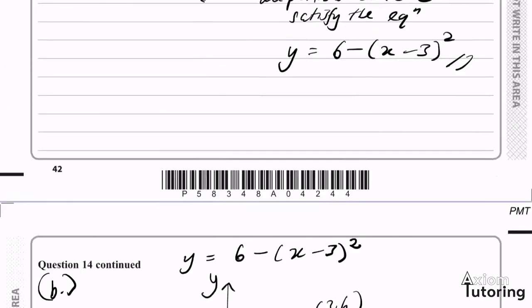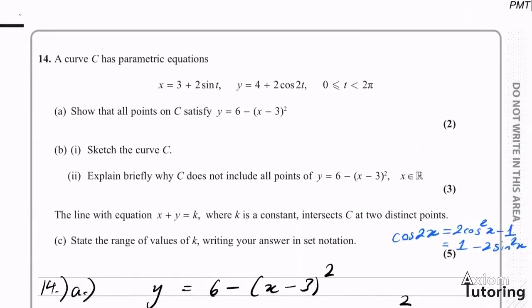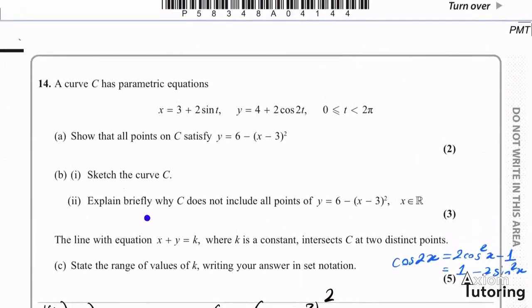However, we need to be a little bit careful, because our curve C does not include all of these points, because this is for all real values of x. And our curve C, which is defined by these parametric equations, is actually constrained by the sine t and cos 2t terms.